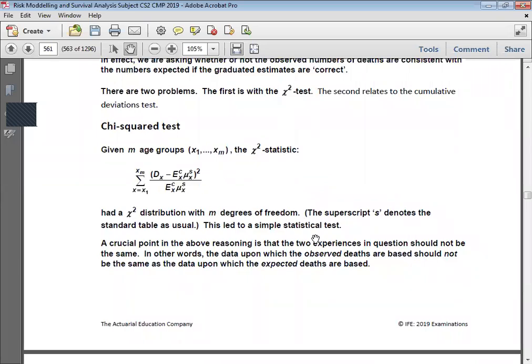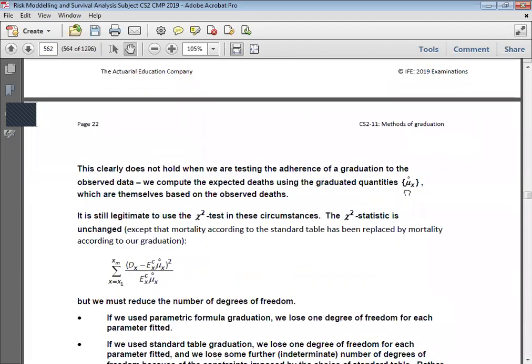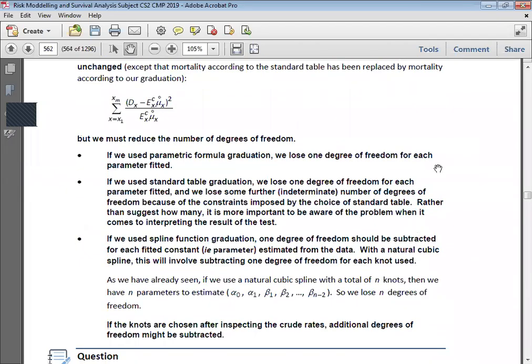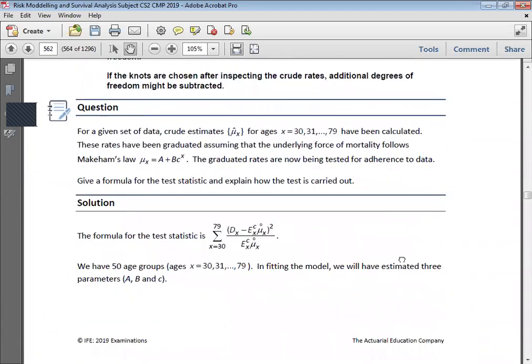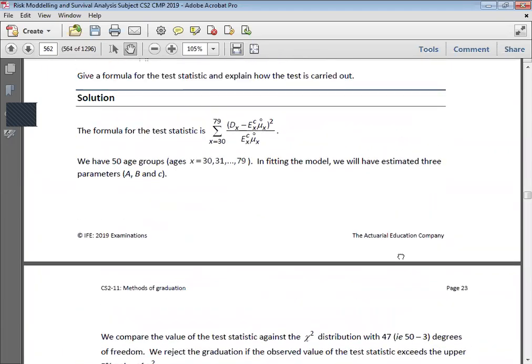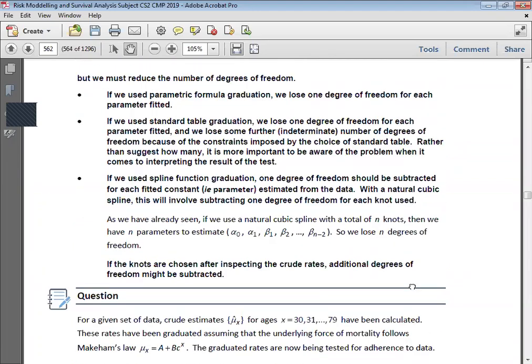If you have, let's say, n number of ages that you're looking at, then you subtract the number of parameters that you have estimated, if you are using a parametric formula or something like that. This is all repetition, so you can just go through this.